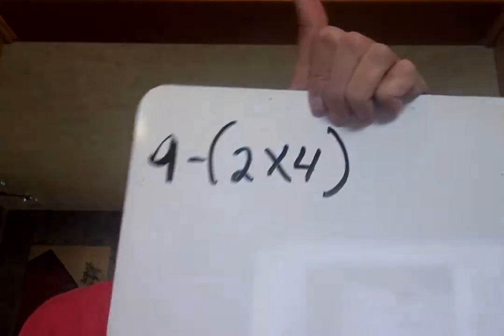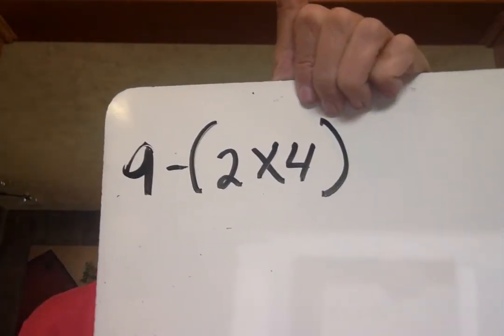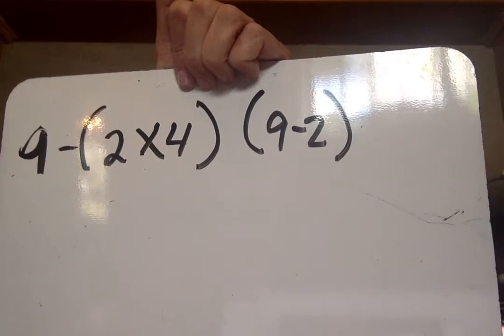Now let's do this one. 9 minus, and in parentheses, 2 times 4. It's like this. And then in parentheses, (9 minus 2) times 4.